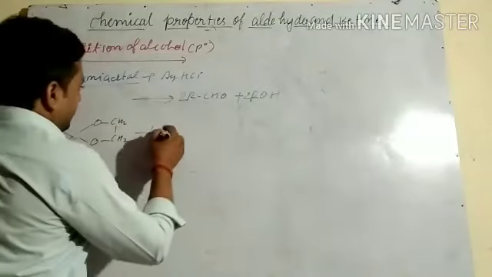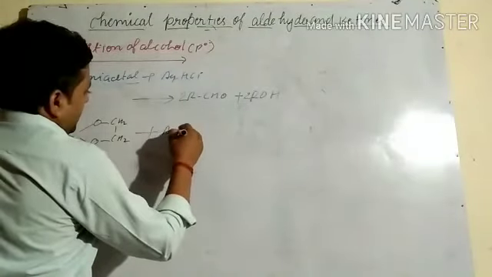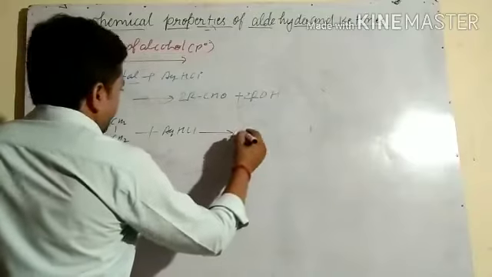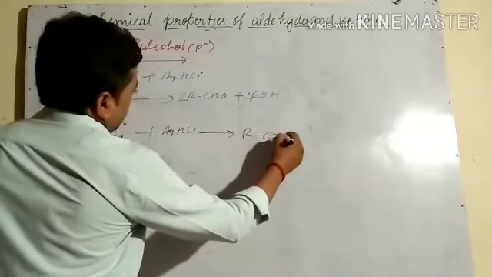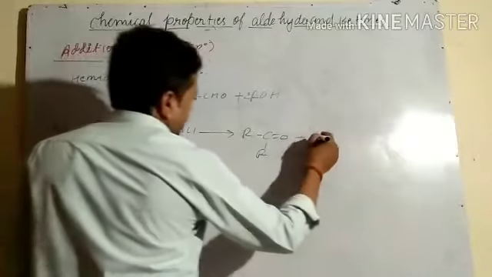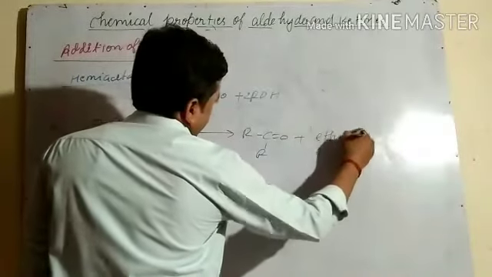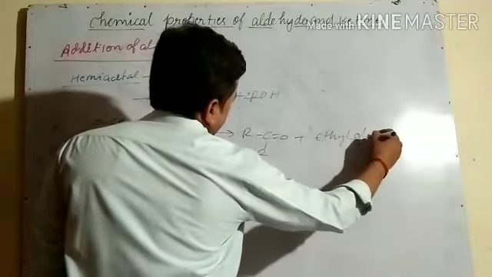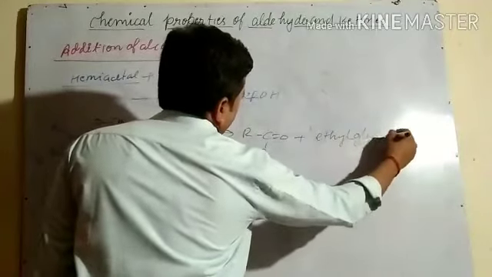So if hydrolyzed with aqueous HCl, it will form acetone plus ethylene glycol. So these are the products.